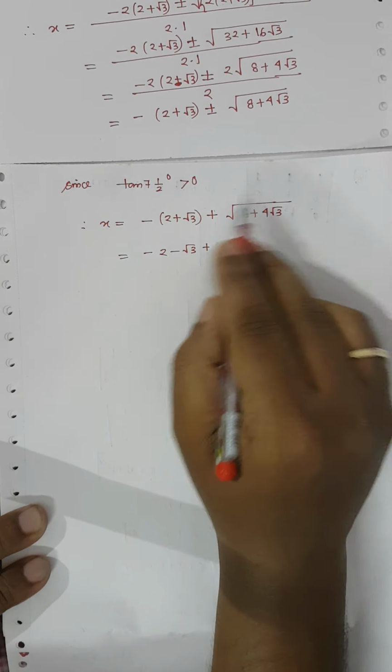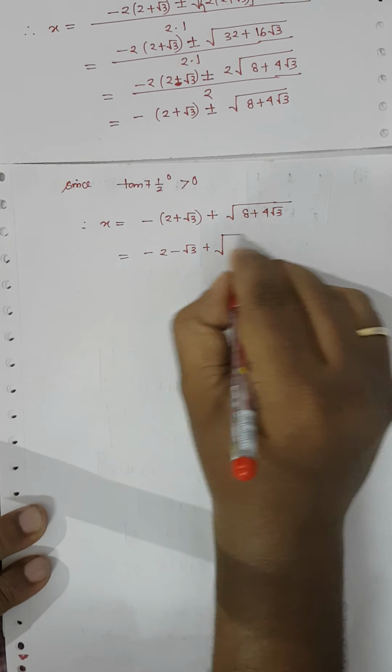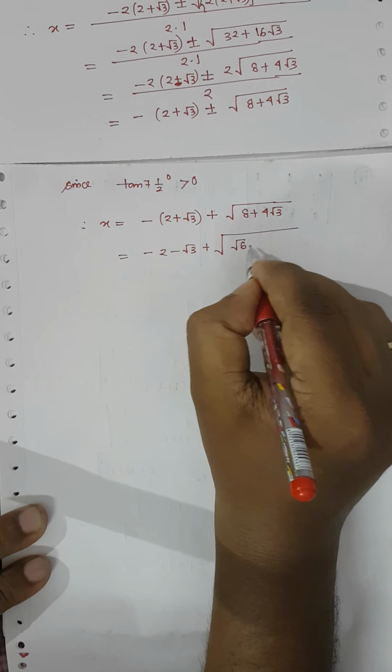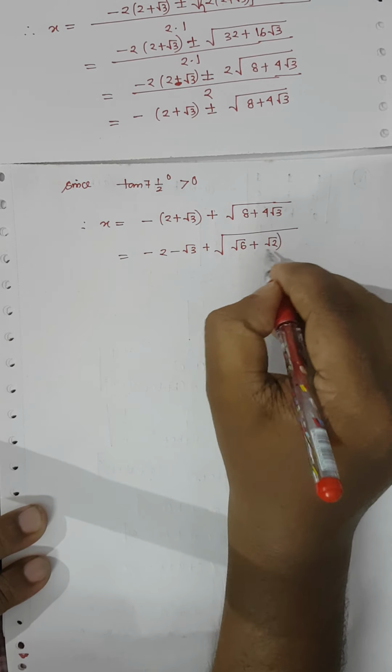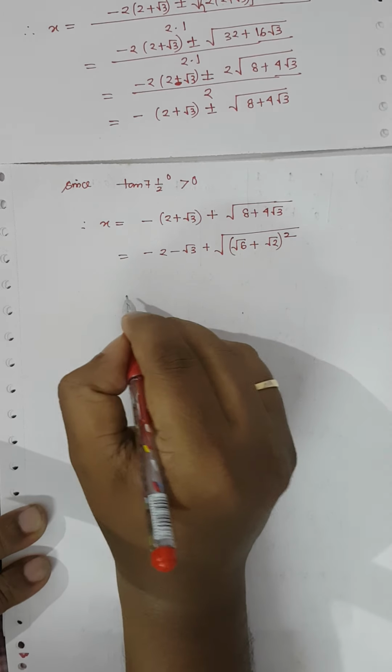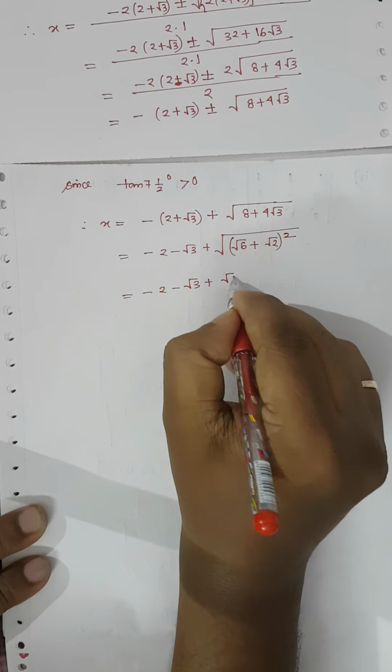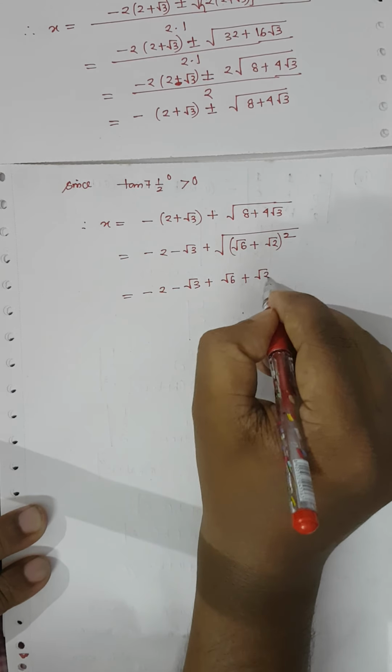Now if you notice, I can write this as root of 6 plus root of 2 whole square. You take the square root, it will be equal to root of 6 plus root of 2.